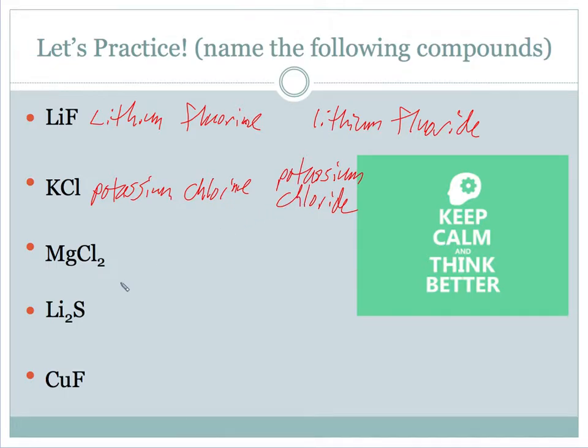Okay? Now, this one. I have two here. When it comes to ionic compounds, this does not matter. This is done to make the compound neutral, because magnesium has a charge of +2. Chlorine has a charge of -1. So I had to bring the 2 over to here and the 1 went over there. That's why we got MgCl2. Naming wise, we keep it the same.